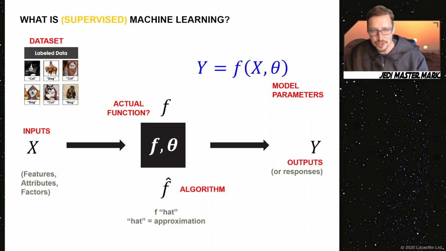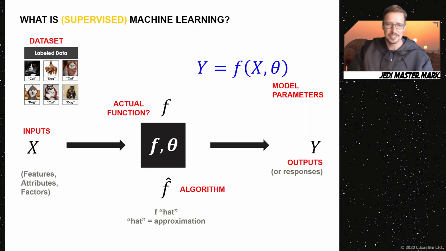So what is supervised machine learning? Here's where we get into some of the vocabulary, the definitions, how I'm going to present the math. I'll go ahead and turn my laser pointer back on. So we have this data set here. And the inputs we're going to call X. So these could be features or attributes or factors.